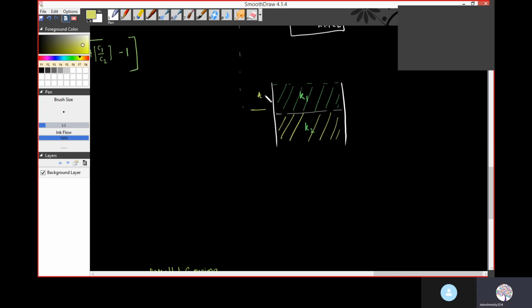Then the area is A by 2, and D is the same. Now here they look like they are parallel, C1 and C2.